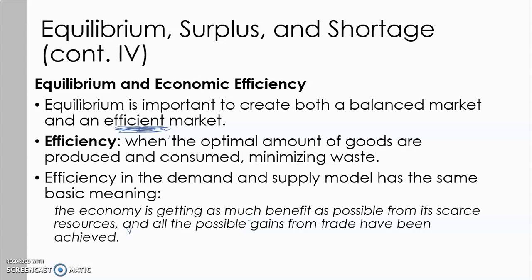A more general definition of equilibrium you might remember from your micro course is that no one can be made better off without harming someone else. And if the market's in equilibrium, this is true, at least as far as profit and consumer surplus goes.